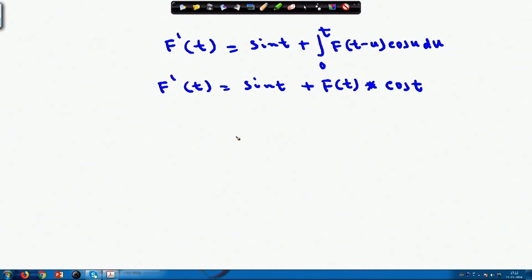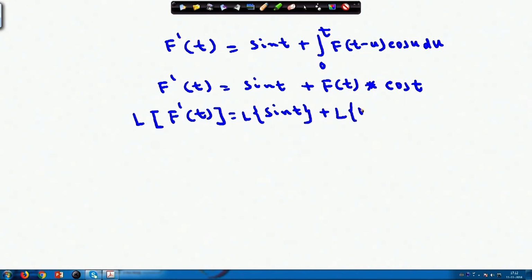Now, take the Laplace transform on both sides of the given equation. The Laplace transform of f'(t) equals the Laplace transform of sin t plus the Laplace transform of f(t) times the Laplace transform of cos t. What is the Laplace transform of f'(t)?